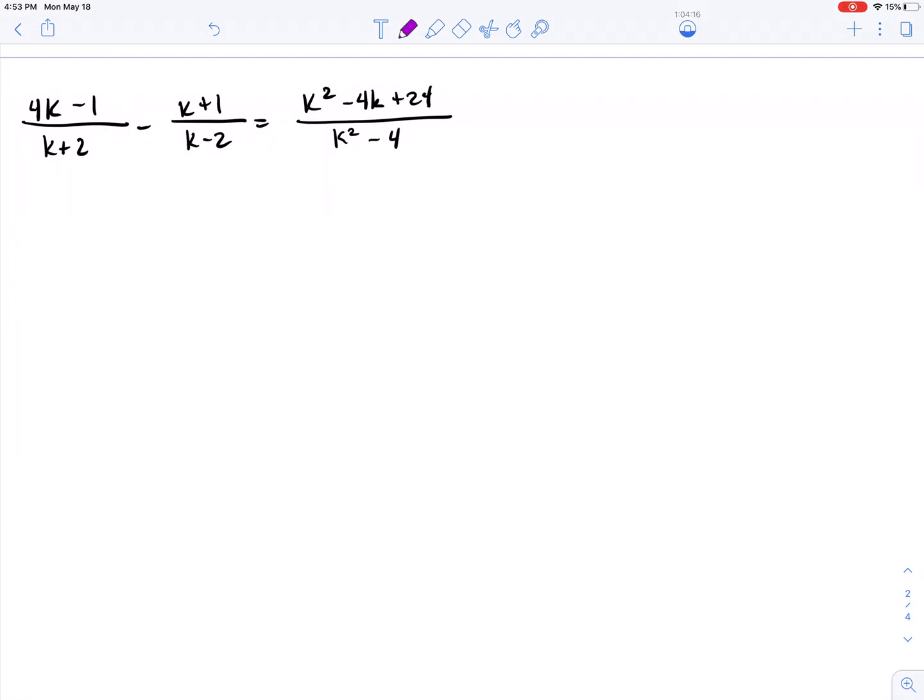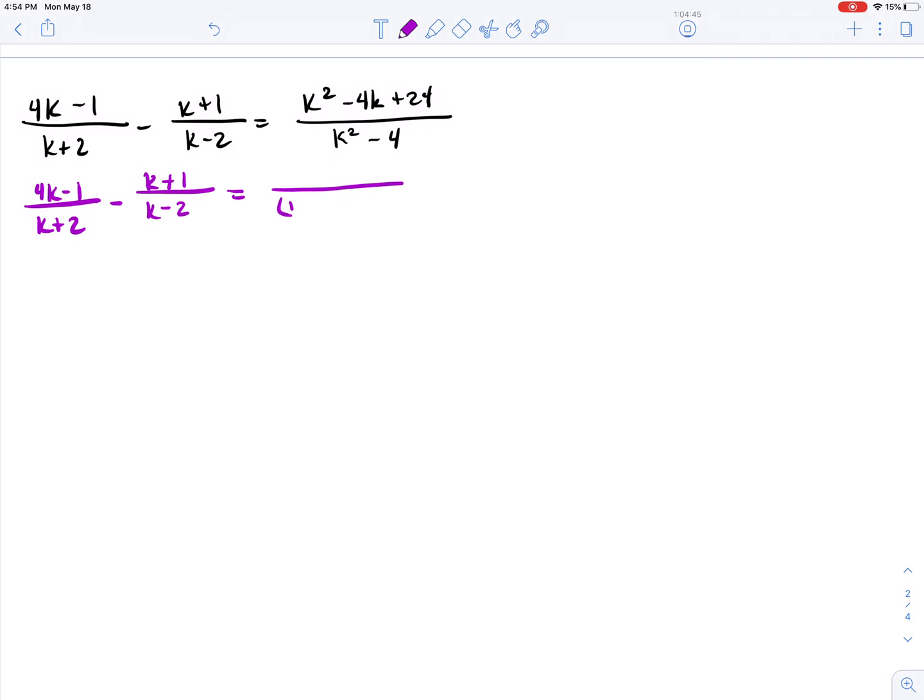Let's factor out our denominator first. So for 4k minus 1 over k plus 2, there's nothing I need to change there. And k plus 1 over k minus 2, again, nothing for me to change there. They're already at the lowest. I have k squared minus 4 in the denominator.